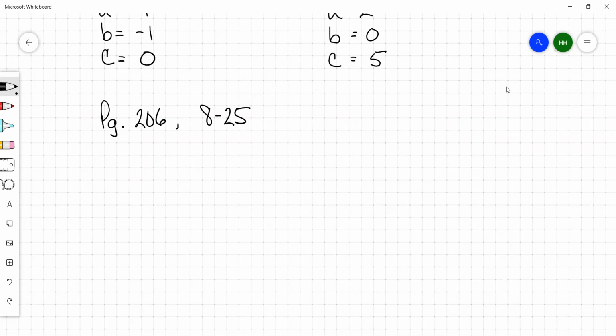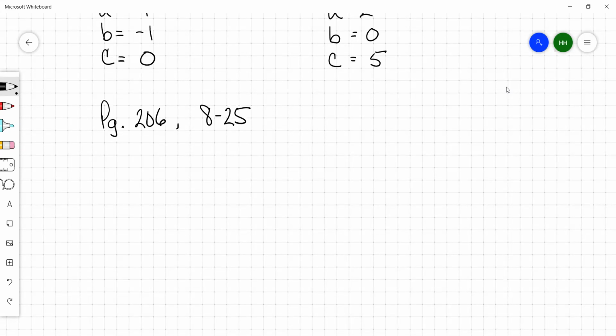What I want you to do, I need you to listen now. 8 through 16, you're doing what we just did. You're finding the vertex, axis of symmetry, minimum or maximum, and the range. You're doing those 4 things.